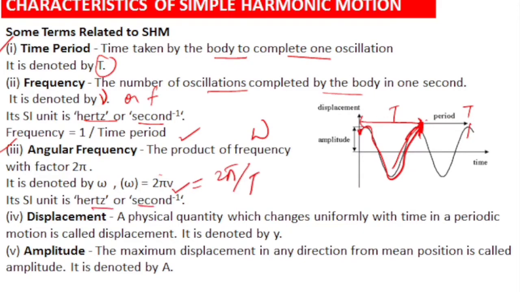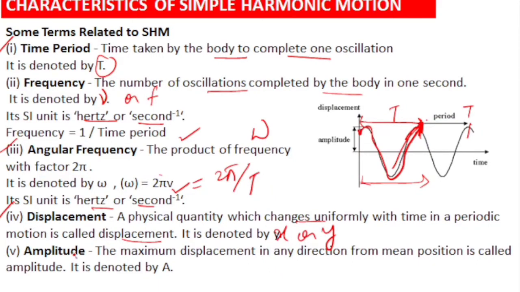Now displacement. A physical quantity which changes uniformly with time in a periodic motion is called displacement. It is denoted by x or y, in any direction the body can move. So the quantity which changes with time when you complete one oscillation is called displacement.